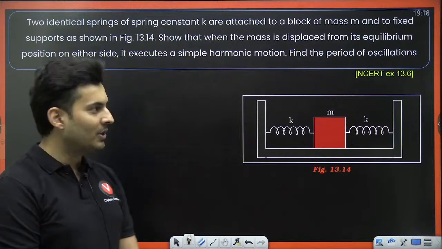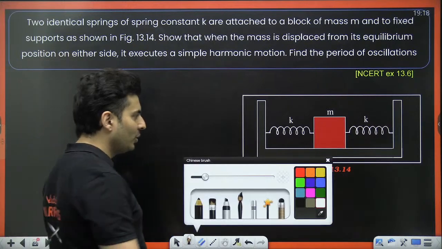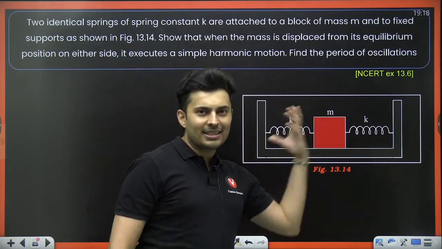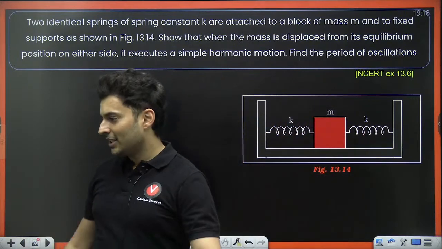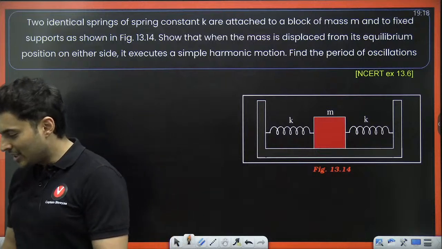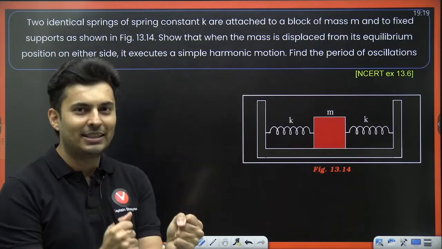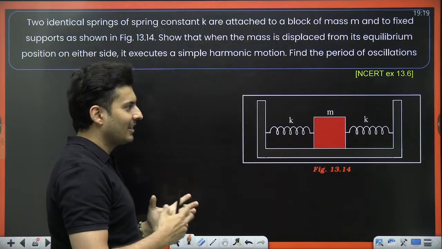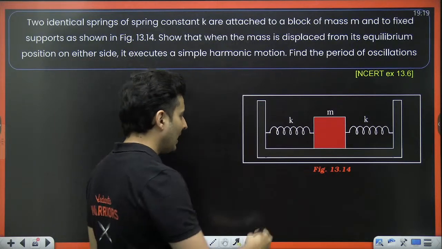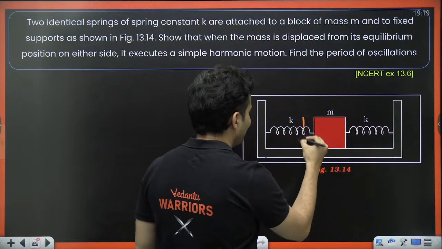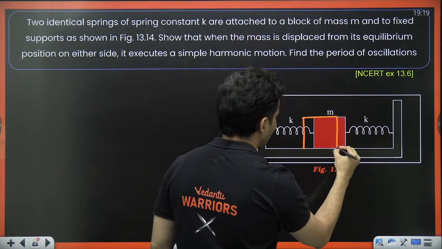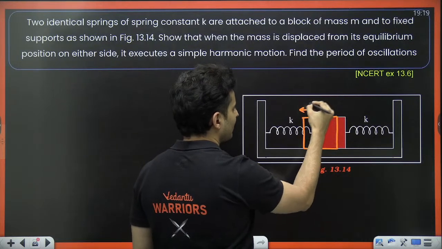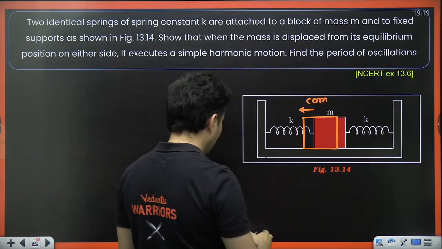So come on, think about it. How do we solve this question? Yep. So over here, these two springs are side by side, and many people think that the springs are in series, right? But there is a catch in these kinds of questions. You move this mass slightly. This spring is getting compressed.